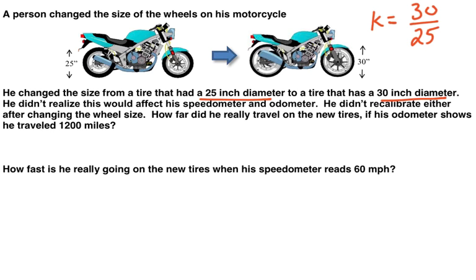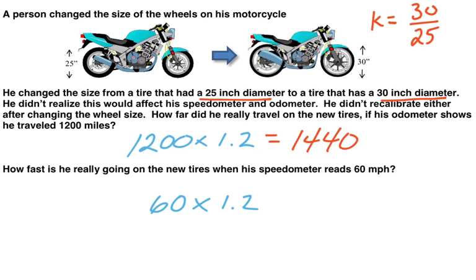So we find that that is equal to 1.2, and our actual miles that we've traveled is 1,200 times 1.2, and our actual speed is 60 times 1.2. Our actual miles is 1,440, and our actual speed is 72 miles per hour.